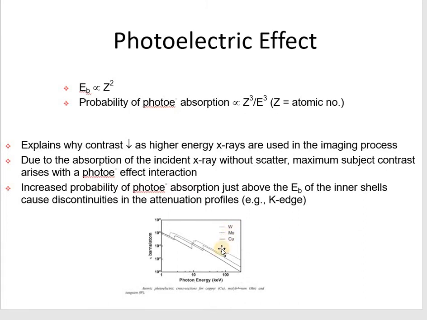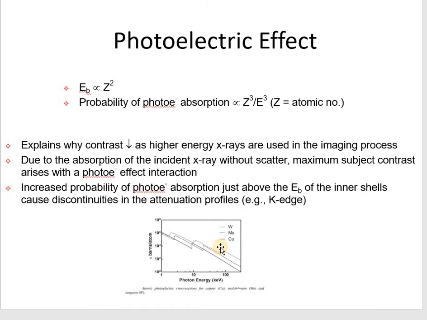The cross section for tungsten, say at 60 keV, is the highest compared to molybdenum, and the lowest being copper. The higher the atomic number, the higher the cross section for photoelectric interaction.